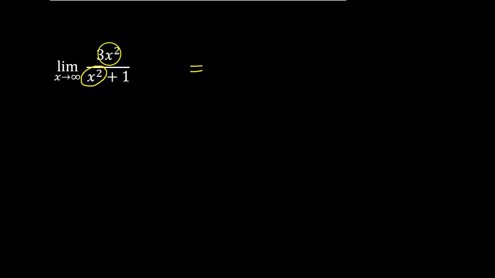So I'm going to divide each term in this function by x squared. So this should equal the limit as x approaches infinity of 3x squared over x squared.